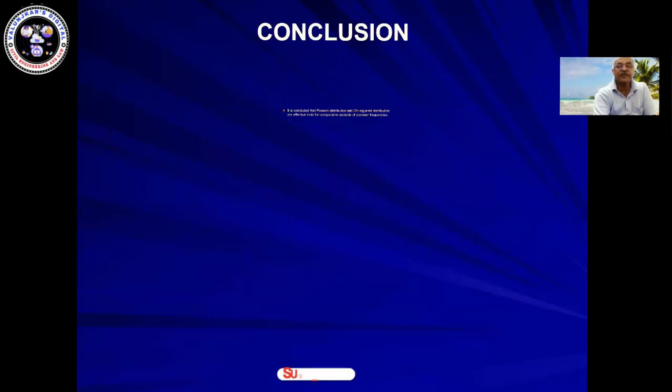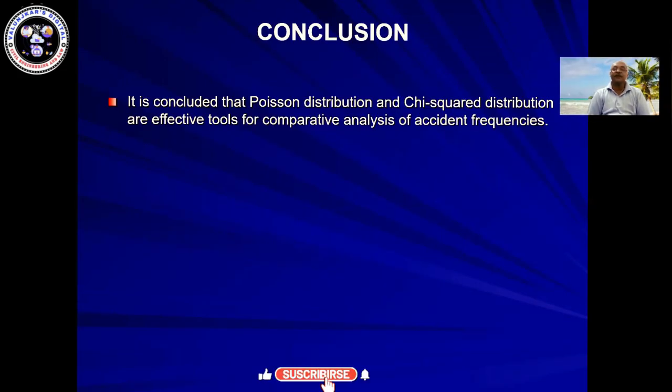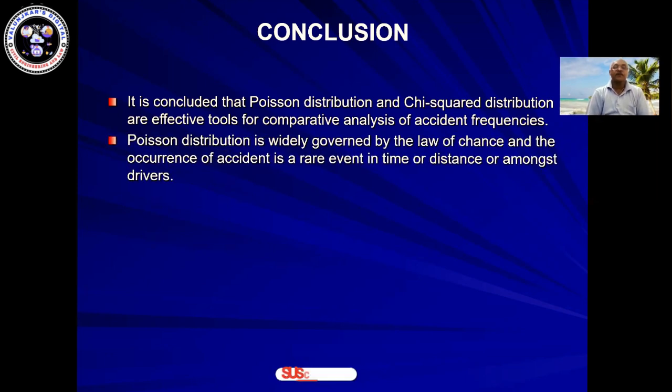The conclusion is that the Poisson distribution and the chi-square distribution are effective tools for the comparative analysis of accident frequencies. The Poisson distribution is governed by the law of chance, and the occurrence of accidents is a rare event in time or distance or amongst drivers.